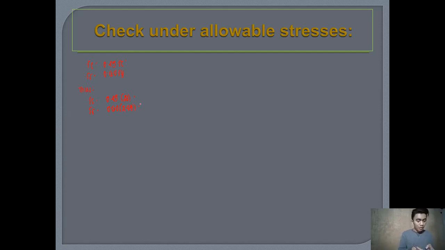So our allowable stresses now: 0.45 times 20, I have here 9 megapascal, and then 0.60 times 248, that is 148.80 megapascal.